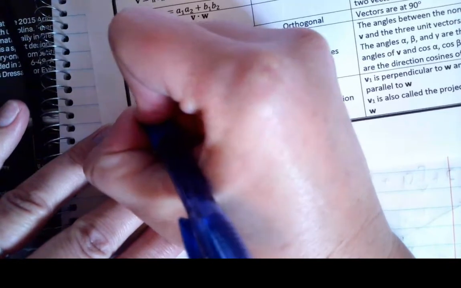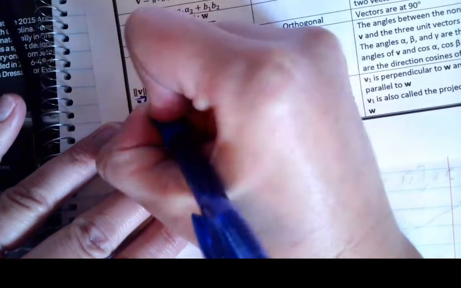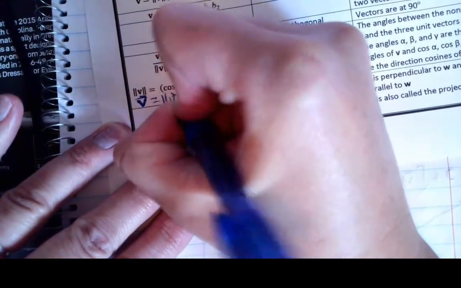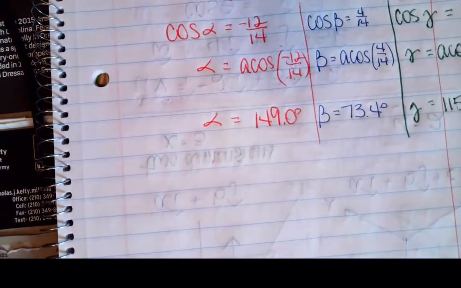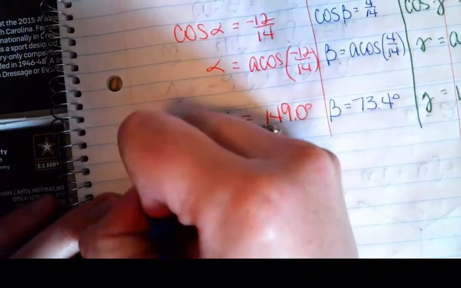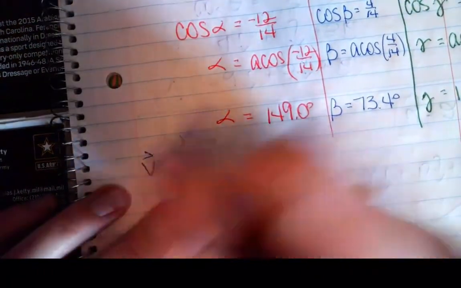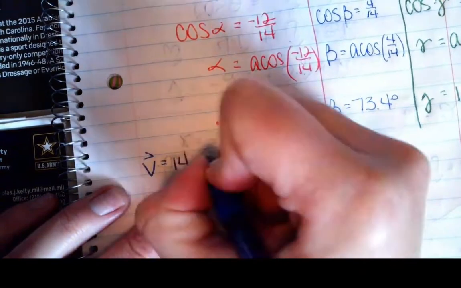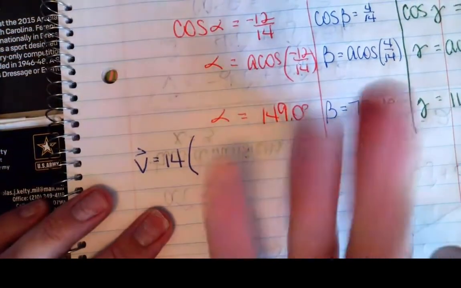Okay, my vector is going to be the magnitude times all that mess right there. So what I end up with is my magnitude, which is 14, and that's your radius.